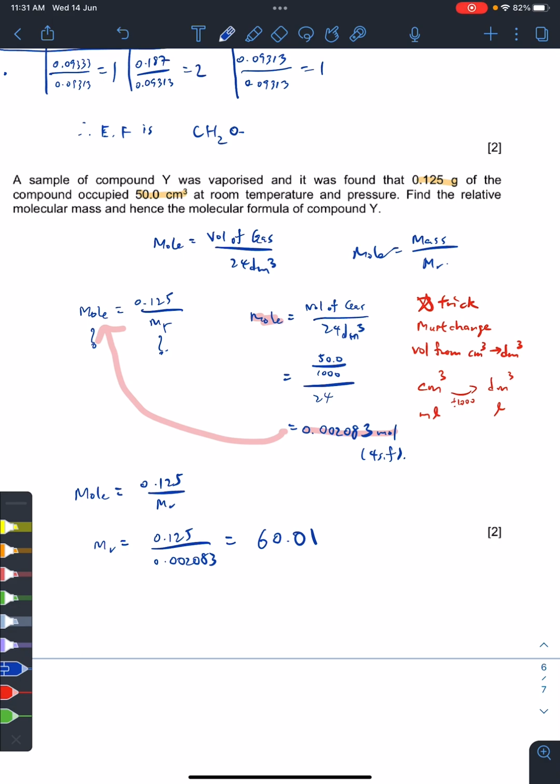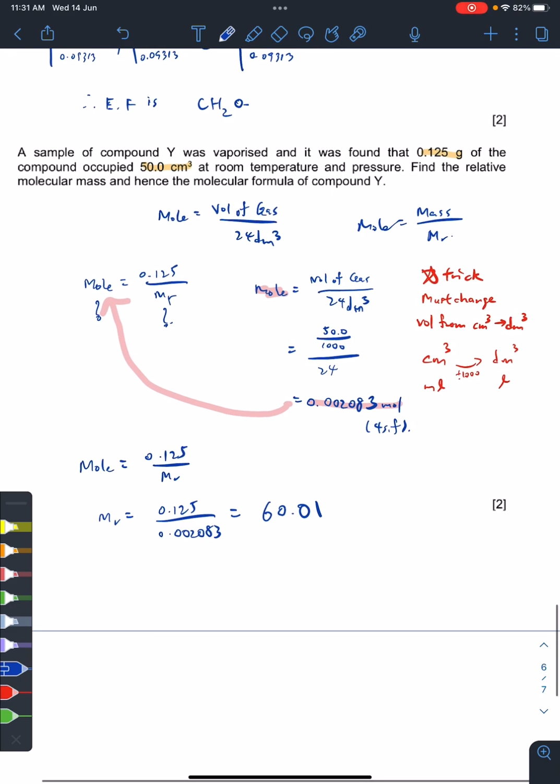Okay, then you have the Mr. Yay! So you can find the molecular formula.